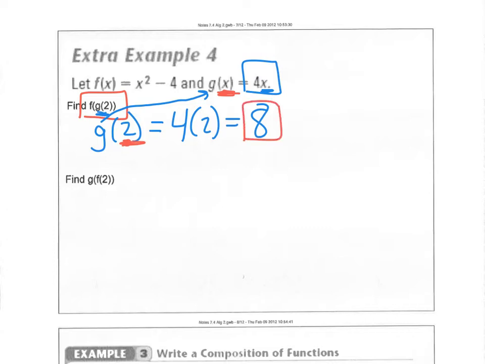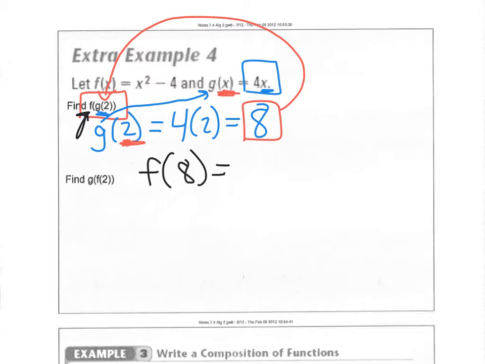Since I know that, I now take that answer and plug it in for g of 2. Then it's going to look like this. It's going to say f, that's still there, the original f is right there, but what is g of 2? It's 8, so I put that in its place. So really the question is, what is f of 8?